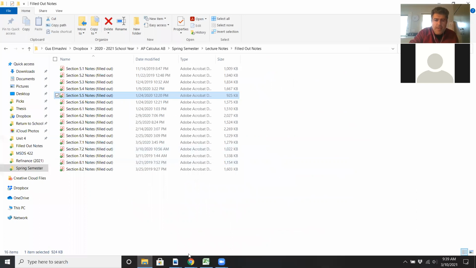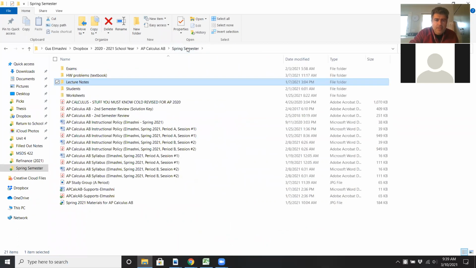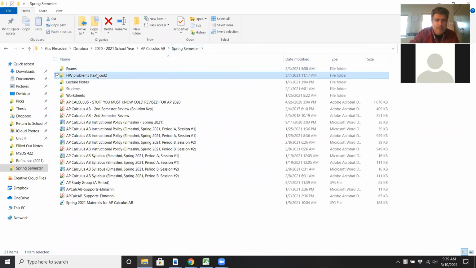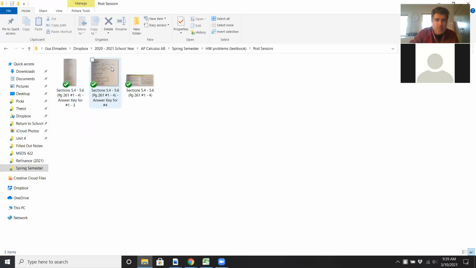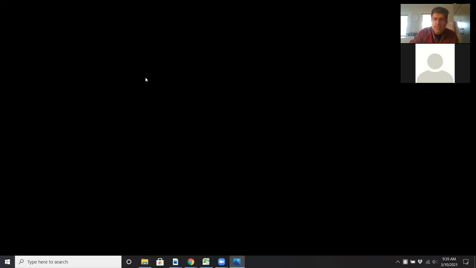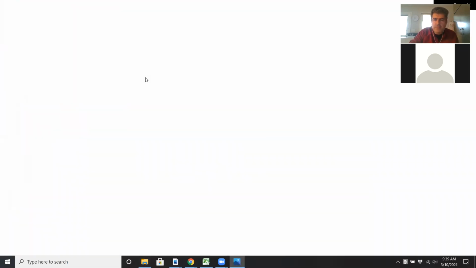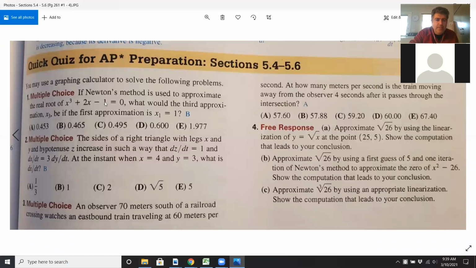The textbook problems, where did I put those actually? Post session, there we go. And you see, this kind of covers everything from 5.4, 5.5, and 5.6. You see there's a linear approximation for number 1. Number 2 is related rates. Number 3 is also, I think, related rates.